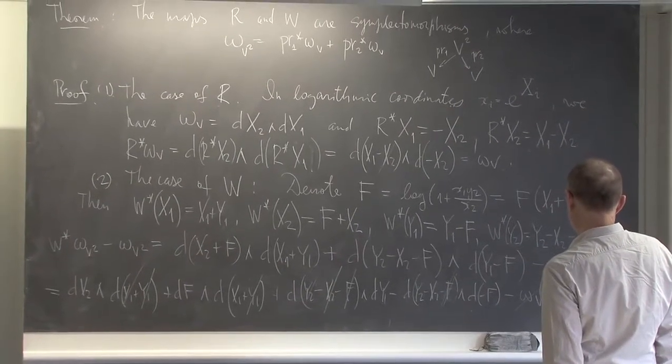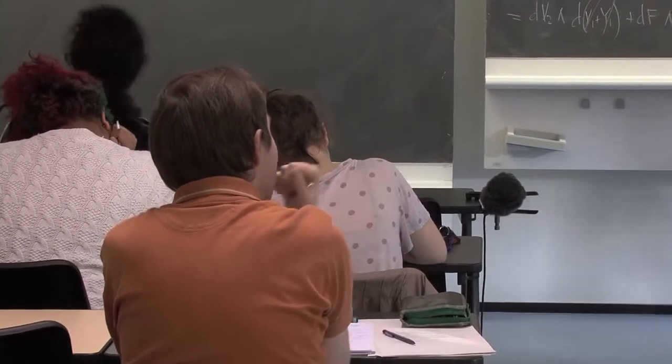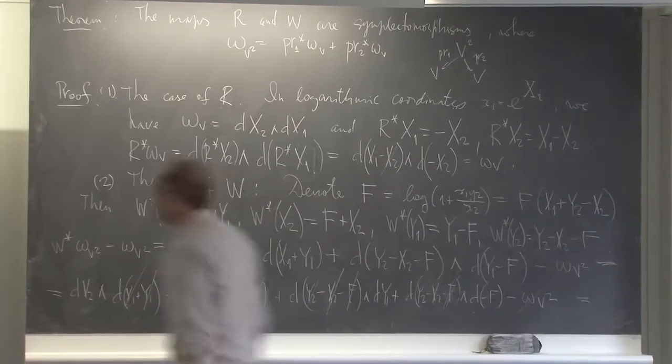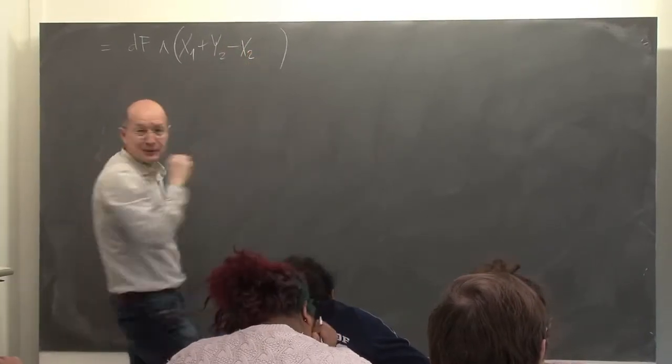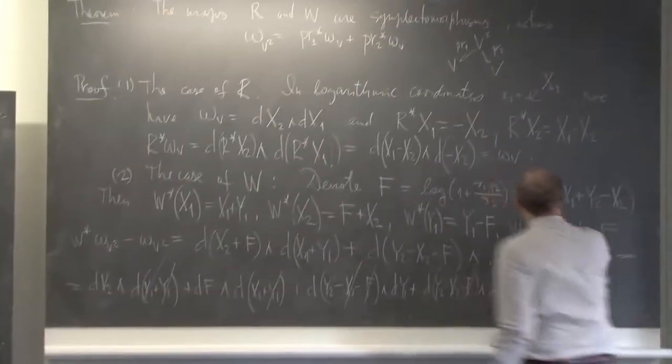Just if you compare with the expressions in line above, then you see that you have to change one line. So this is wrong, right? Yes. This was wrong. Yeah, thank you. Now it's okay. So we write plus y2 minus x2, right? And now we come back to this remark.